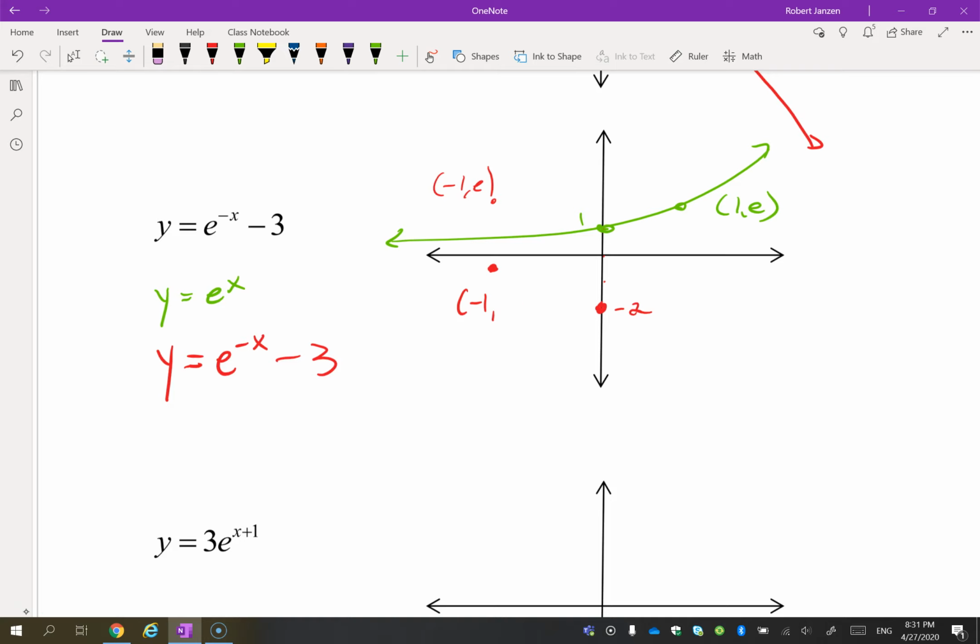And in your head, what's e take away 3? Well, 2.7 take away 3, that's about negative decimal 3. And one last thing we need to do is take a look at that horizontal asymptote. If it goes down 3, it's going to be here at y equals negative 3.